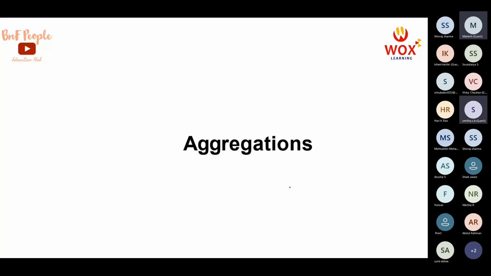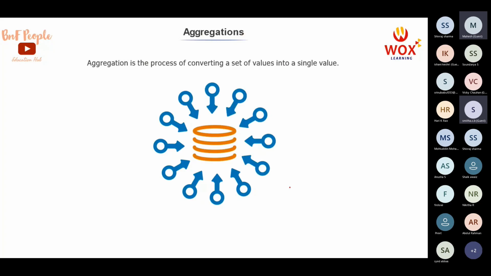Our next thing is your aggregations. What is aggregation? Aggregation is the process of converting a set of values into a single value. Got it? No. Because aggregation, as you see in this picture also, the data is coming from various sources.